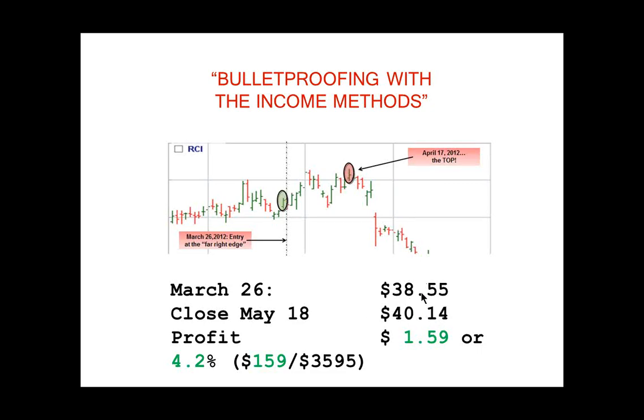Instead of $38.95, we spent $38.55, and then we close it on May 18th for $40.14. We end up getting called out, and then selling our put. And that's where we would be on May expiration.